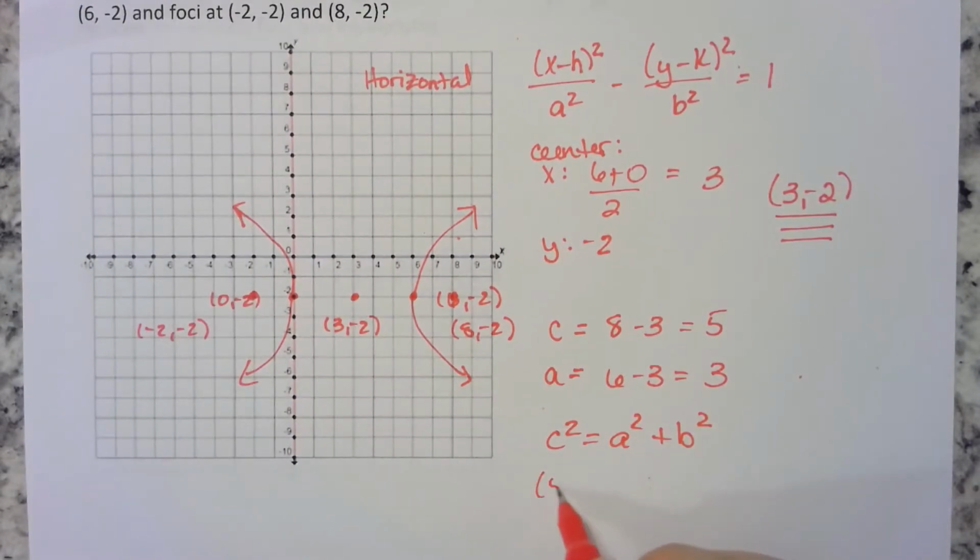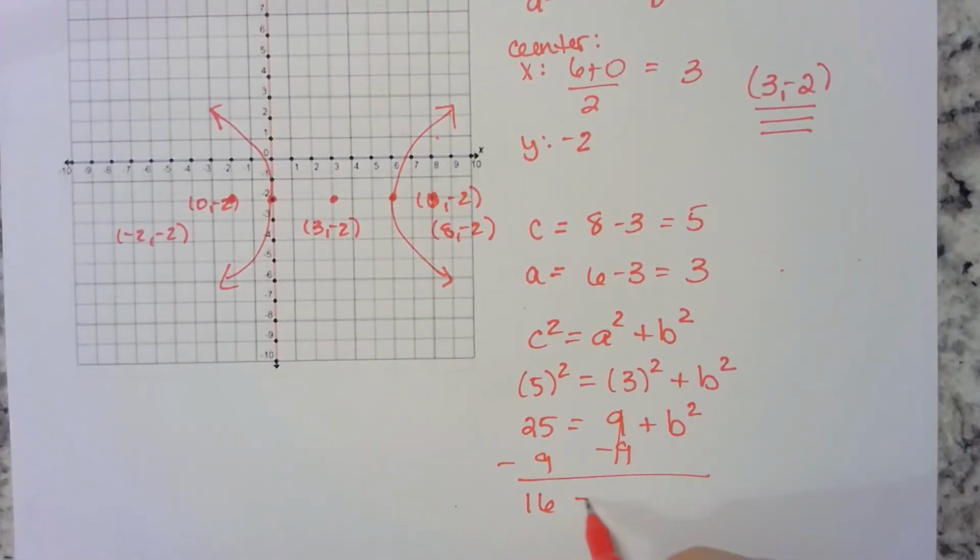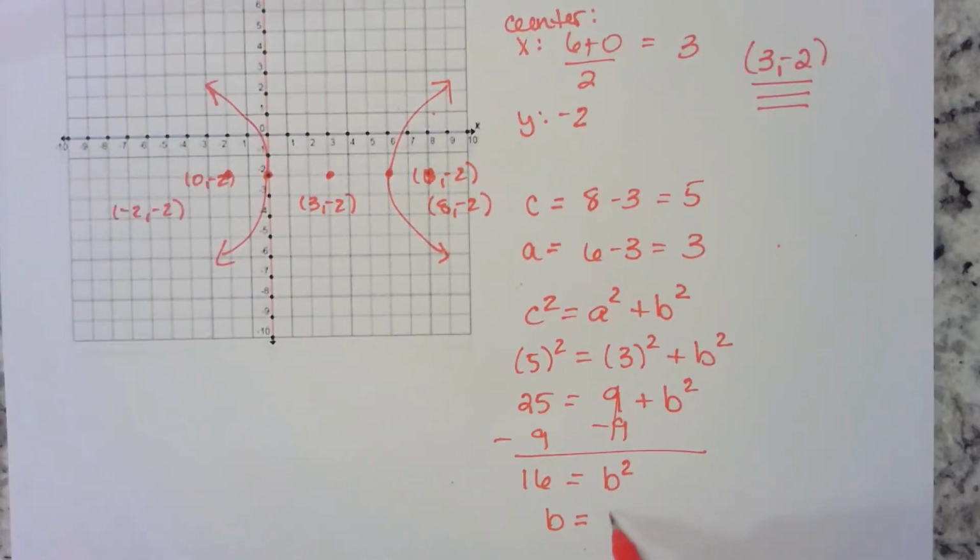So we have 5 squared is equal to 3 squared plus b squared. That's 25 is equal to 9 plus b squared. Subtract 9 from both sides. So we have 16 is equal to b squared, which means b is equal to plus or minus 4.